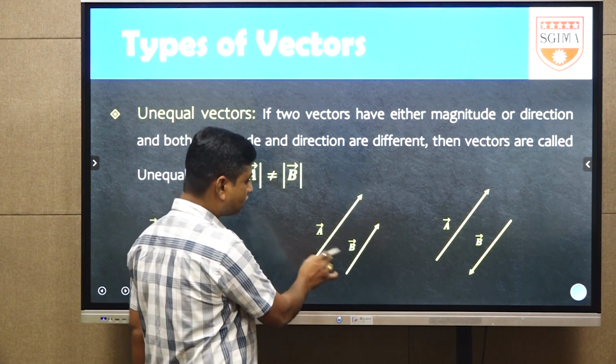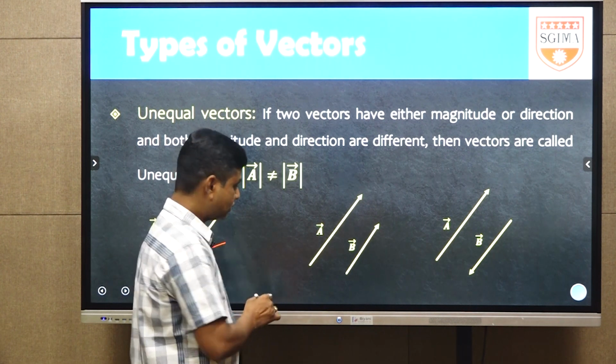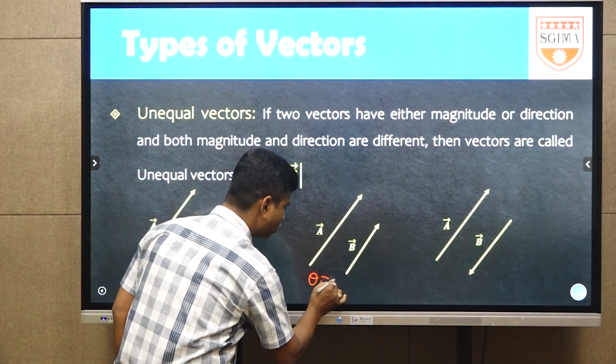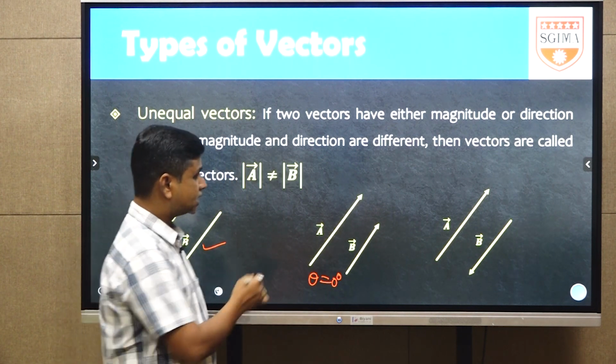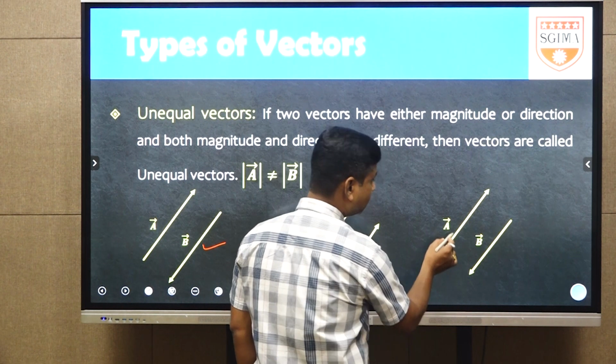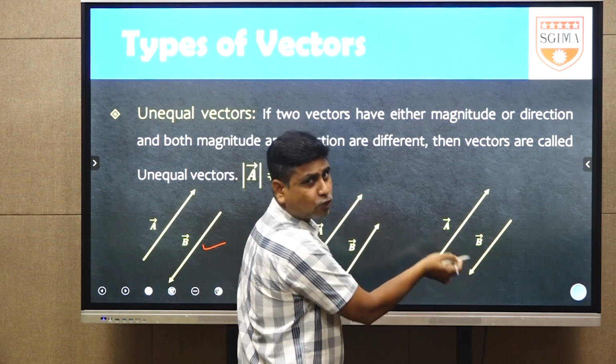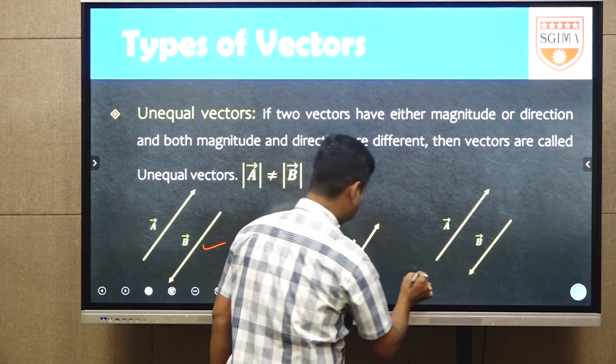In this one, both are in the same direction, parallel vectors. Here the theta value is 0 degrees, but both have different magnitudes, so these are unequal vectors. Here the magnitude is different and the direction is also different, with theta value 180.